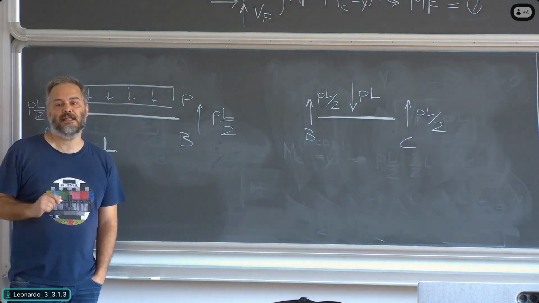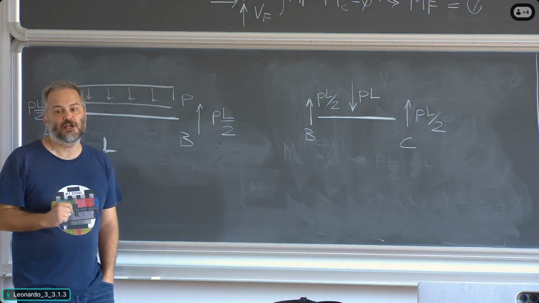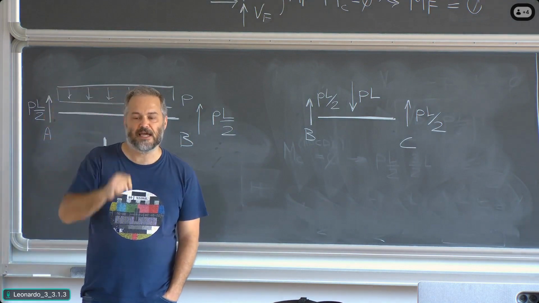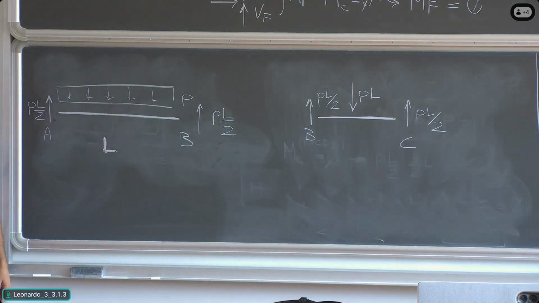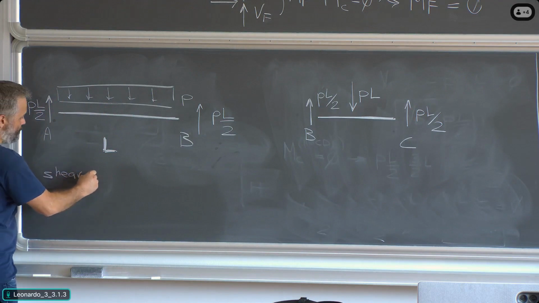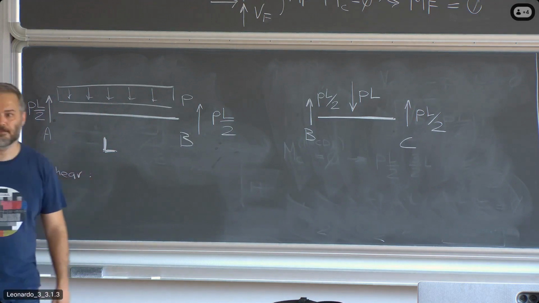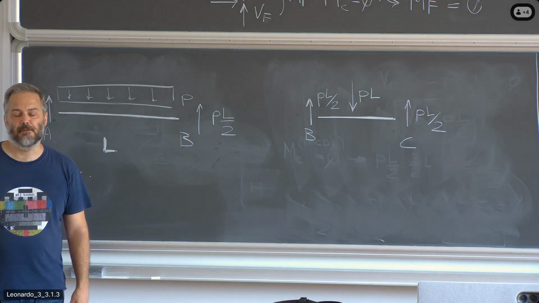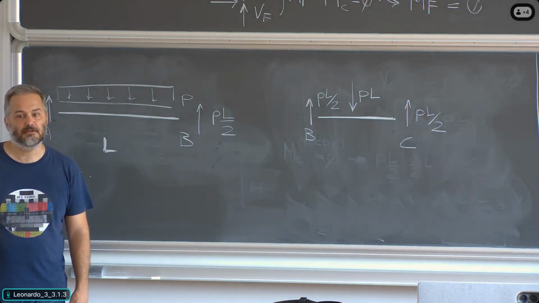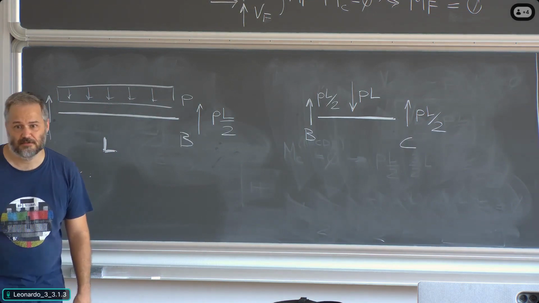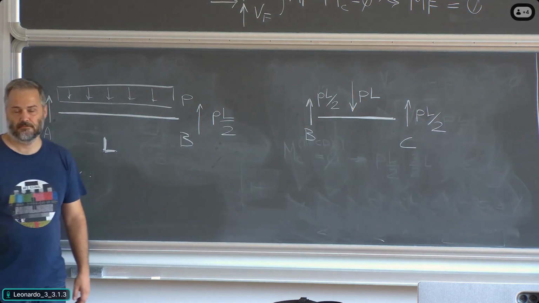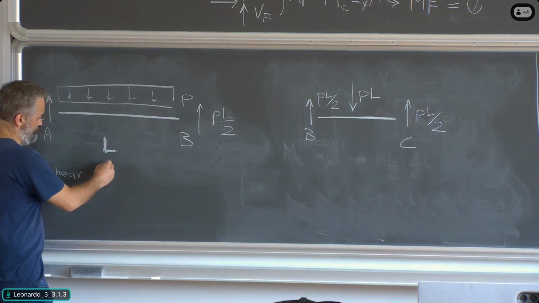Without doing any calculation, first we imagine what the diagrams will look like. In a beam with a distributed load, shear force will be constant, linear, parabolic, cubic. What? Constant. Not constant. No. Linear.